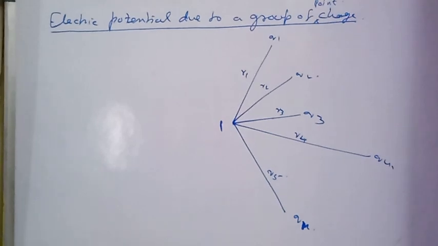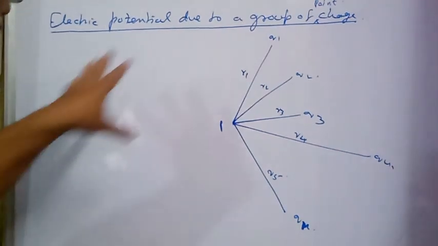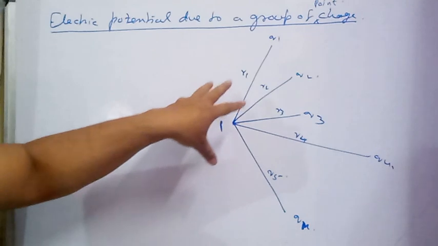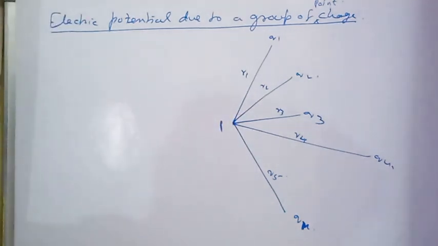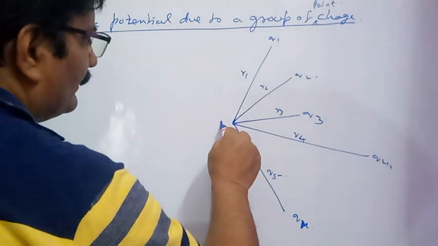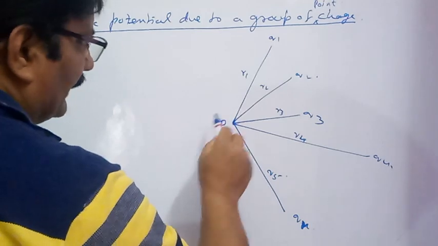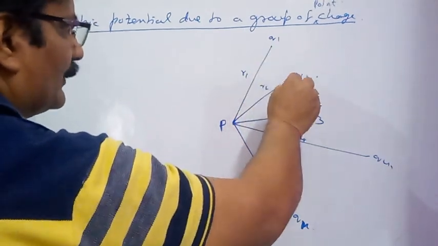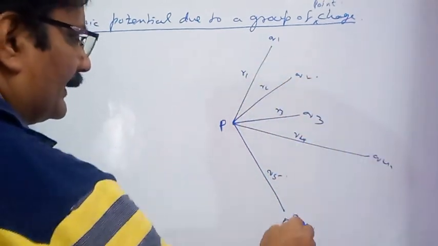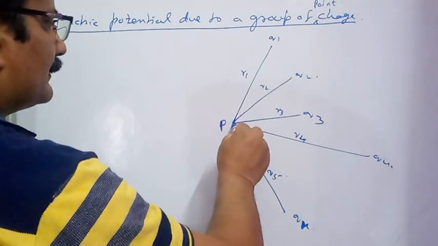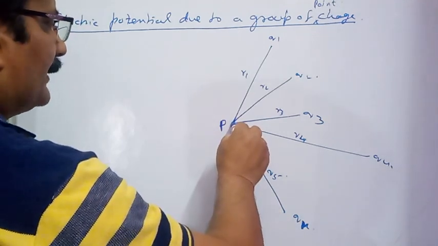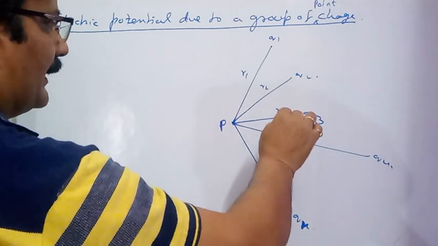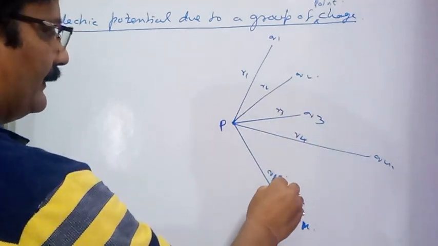So electric potential due to a group of point charges, or electric potential due to a system of charges. Suppose charges q1, q2, q3, q4 up to qn are in the nearby space to point P. Their distances are r1, r2, r3 and rn.